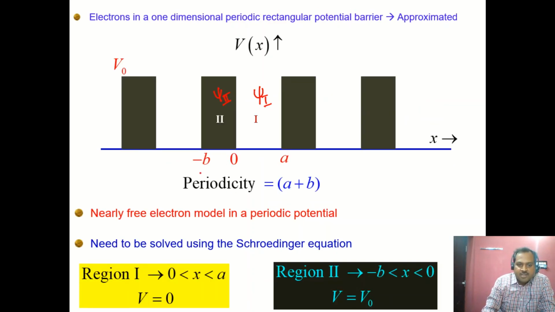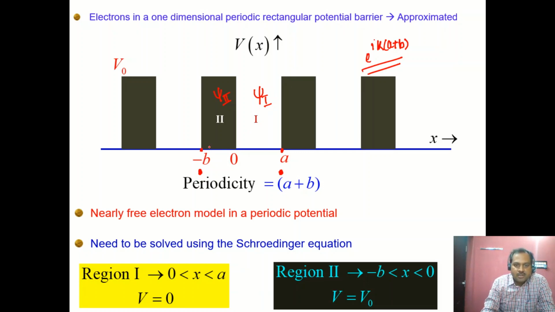So the wave function is being repeated from here to here. So if you go from one unit cell to the next, then we will have the same wave function with a phase factor of e to the power i k (a plus b), and the same thing will hold good for the first derivative of the wave function.